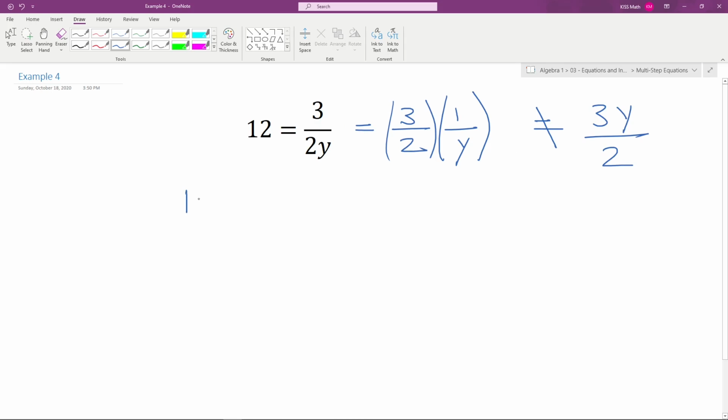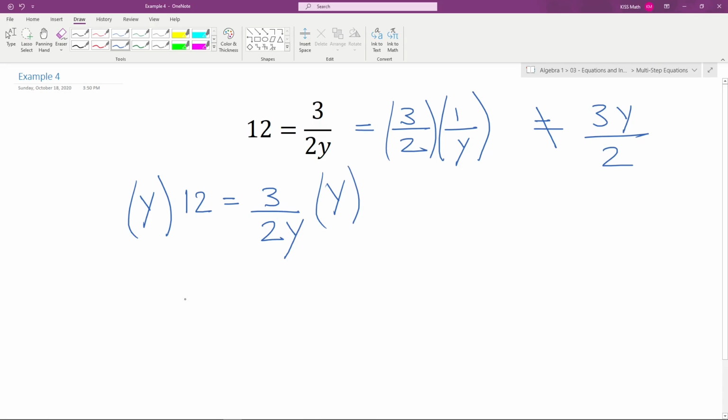So we have 12 equals 3 over 2y. And again, we have a y on the bottom here that I want to get out. The way that we do that is we multiply both sides by y. So 12 by y, that's here. And then I'm going to multiply y on this side.